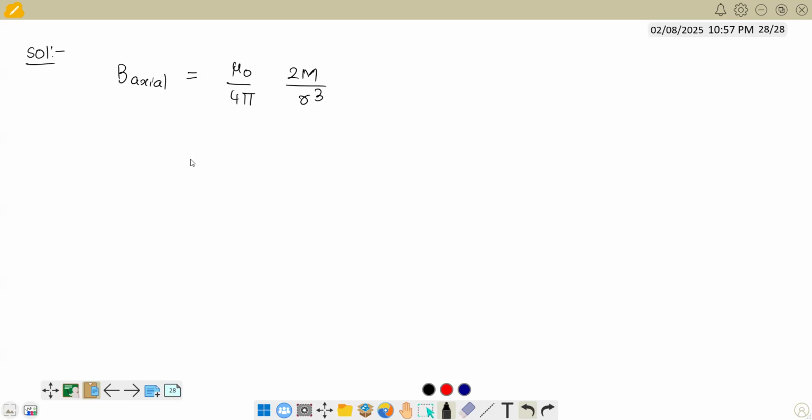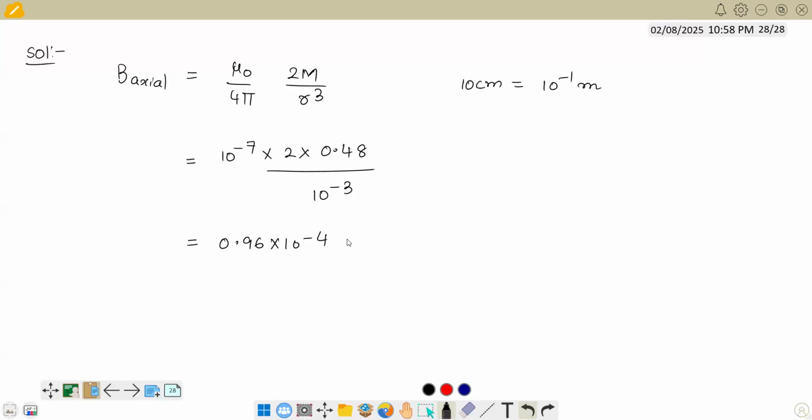So let us substitute the given terms. It would be 10 power minus 7 into 2 into magnetic moment, which is given as 0.48, and the distance is given as 10 centimeters. So 10 centimeters I can write as 10 power minus 1 meters, so 10 power minus 3. So you will get 0.96 into 10 power minus 4 Tesla. Then what is the direction? The direction is the same as m cap.